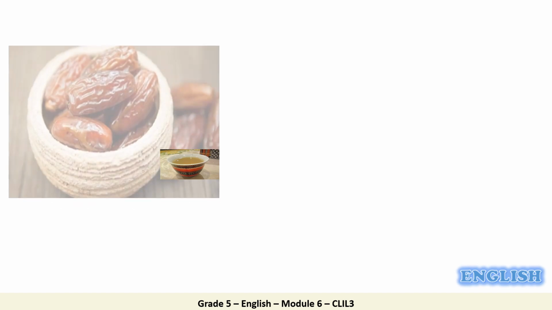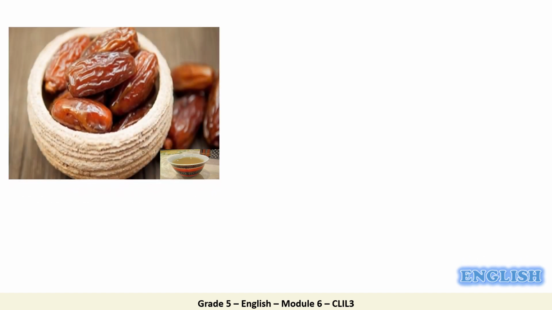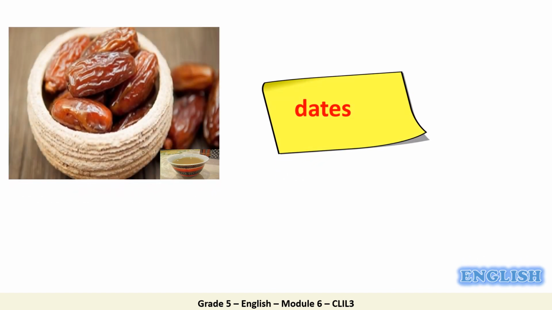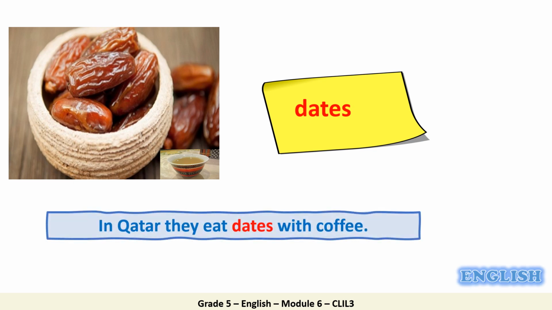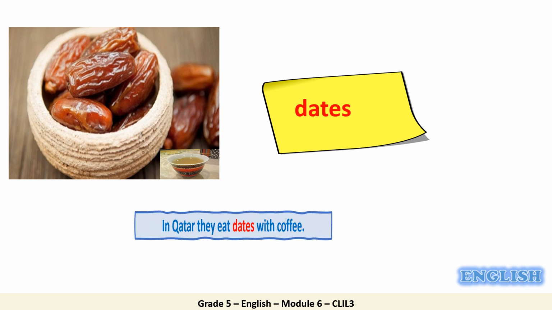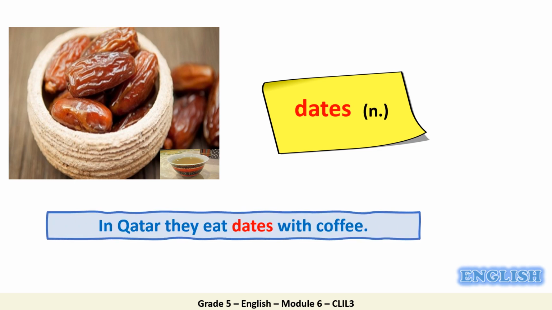What can you see in the picture? Dates. Let's read the example. In Qatar, they eat dates with coffee. And which part of speech is it? It's a noun. Excellent.